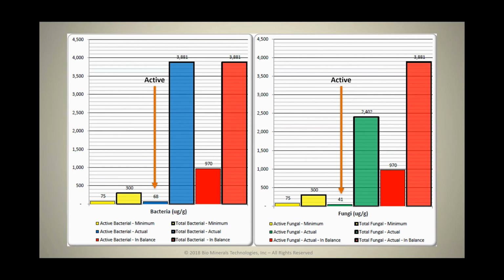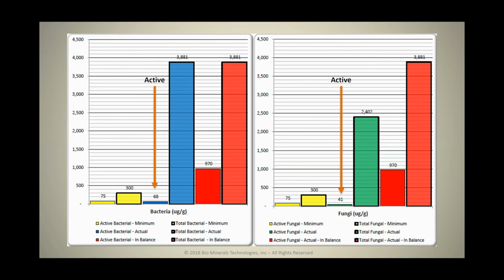And the ratios need to be the same. Active bacteria to active fungi 1-to-1. Total bacteria, total fungi 1-to-1. So if I have total bacteria of 3,800, I should have total fungi of 3,800, but I don't. I have 2,400.